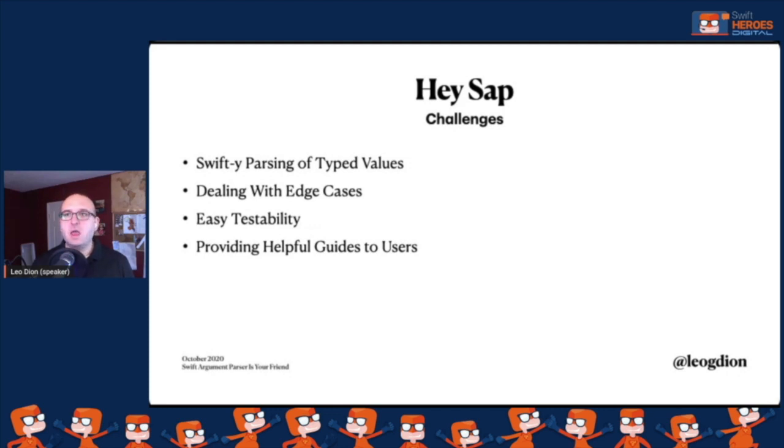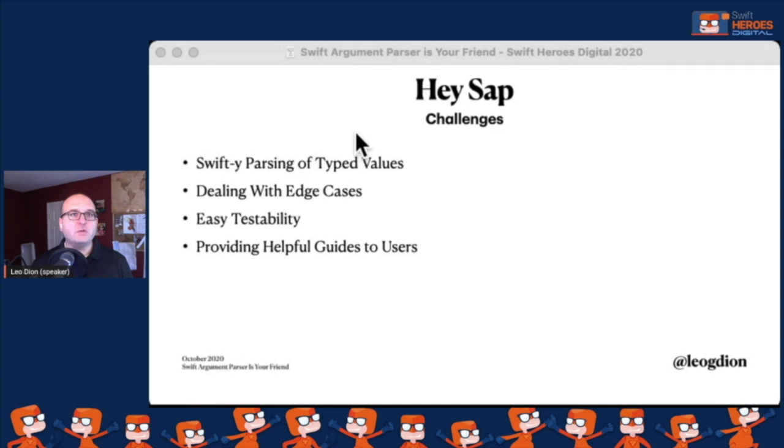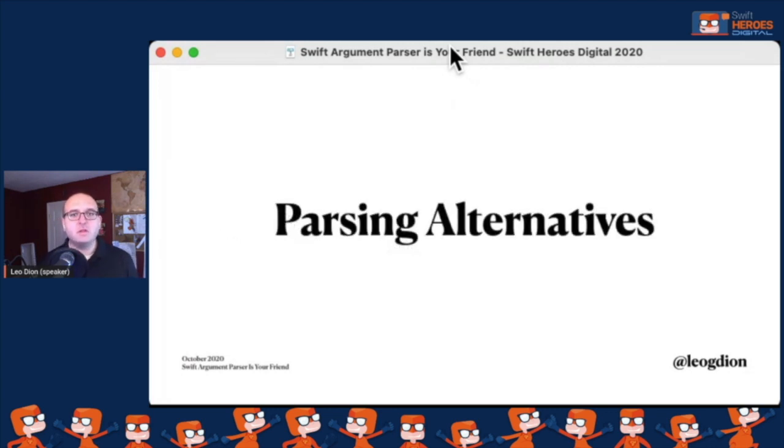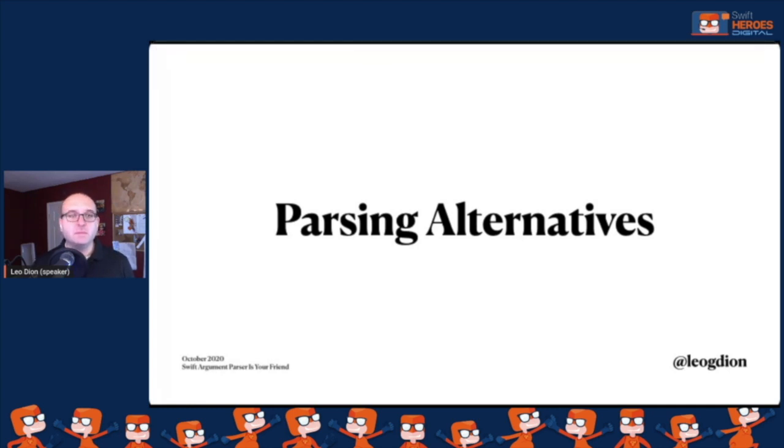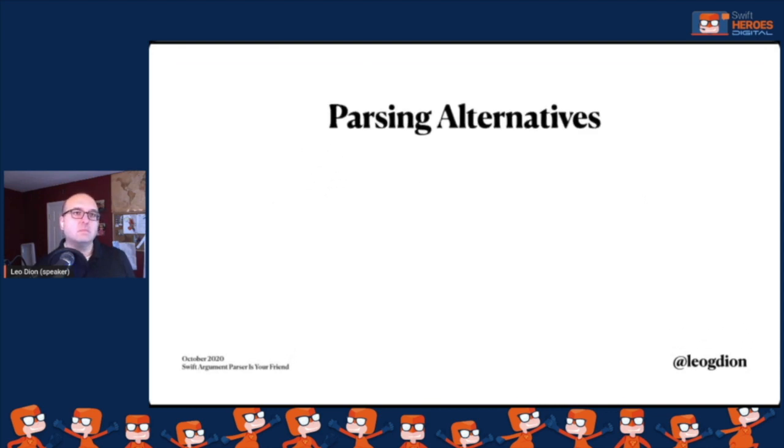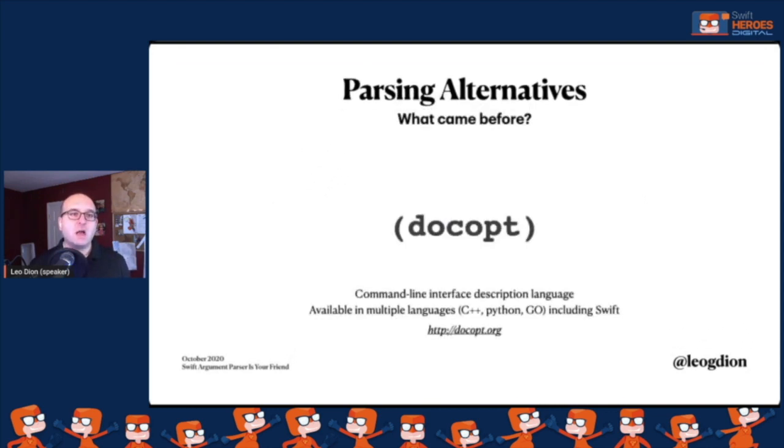So let's take a look at what we can do to improve this with other libraries. Let's look at some of the other libraries that are available when it comes to creating a command line application. So one is DocOpt, which is pretty popular throughout the developer world.